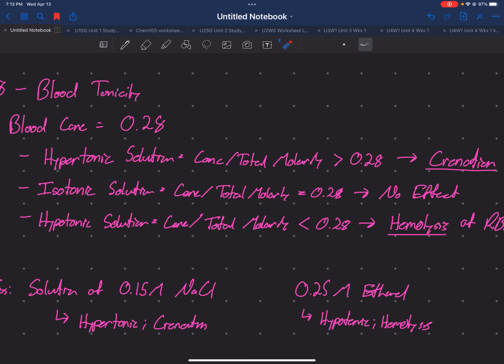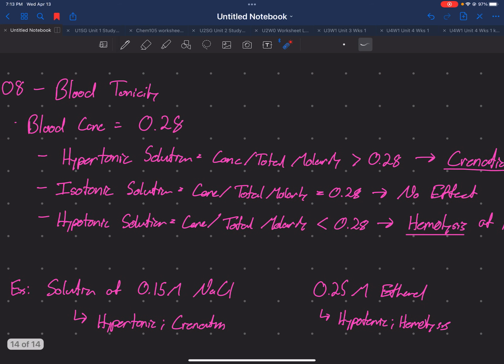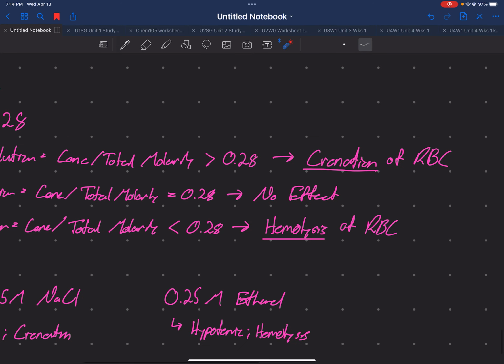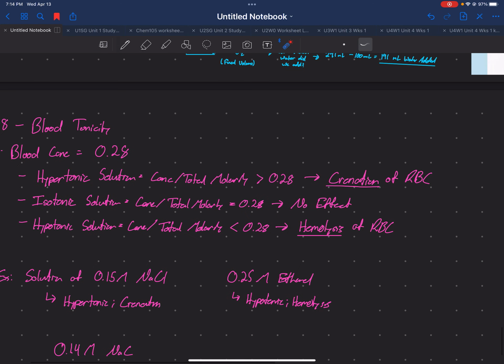Now that you've identified what the solution could be, they probably will also ask what will happen to the red blood cell when it's put into that solution. If it's hypertonic, it leads to crenation. It starts with a C, and I'm pretty sure it'll be an option on the test.